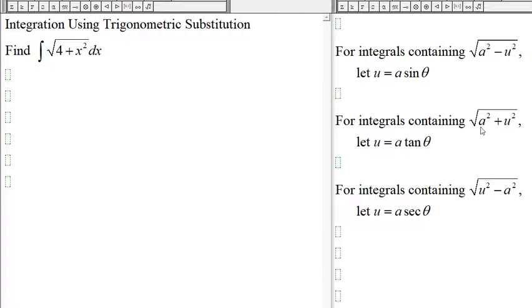Using this suggestion, we need to let a squared be 4 and let u squared be x squared. Then take the square root of both sides, we get a is equal to 2.